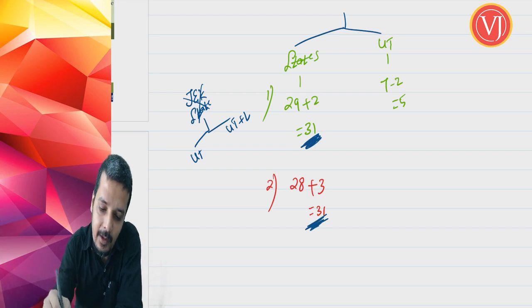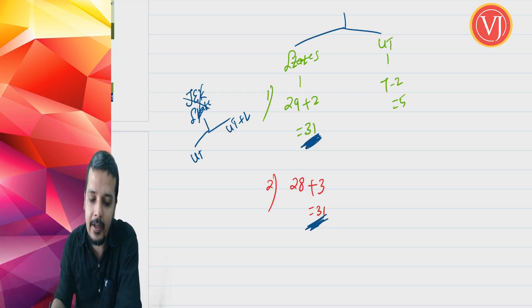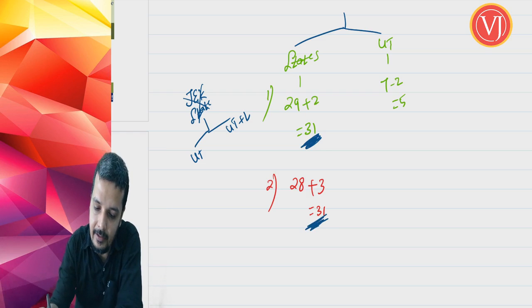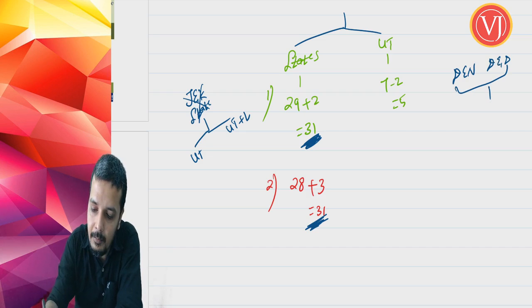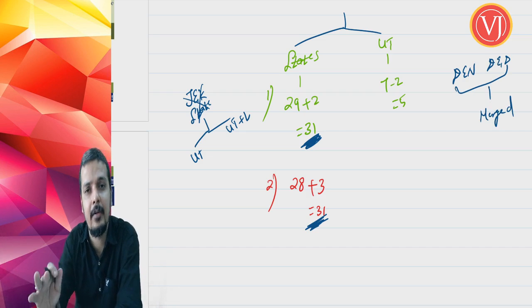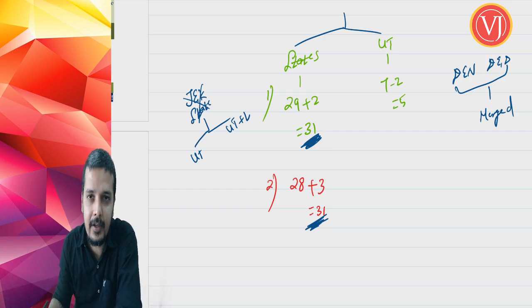Right. Now let us come to union territory. Assume that now Dadar and Nagar Haveli and Daman and Diu are merged and it is practically effective. Assume that ICA clarifies that even for your exam it is now merged. Now if it is merged, what will happen?